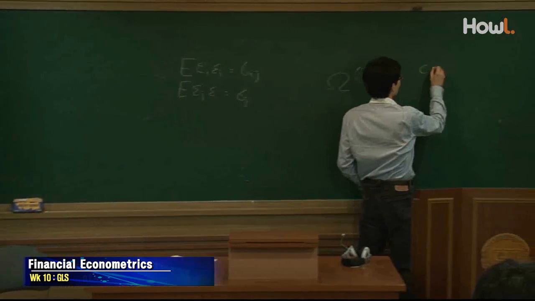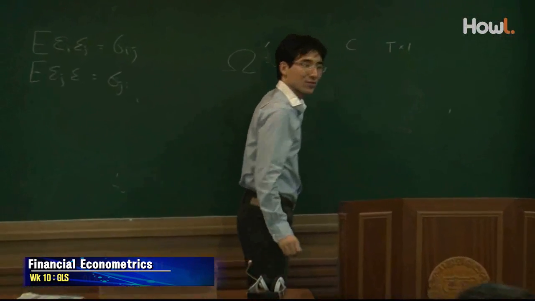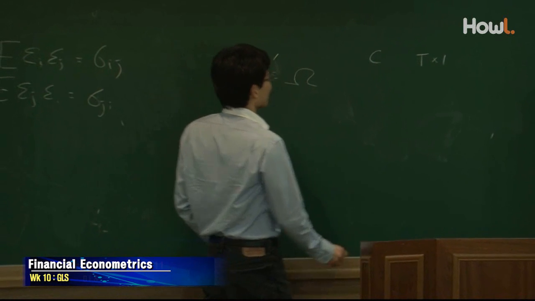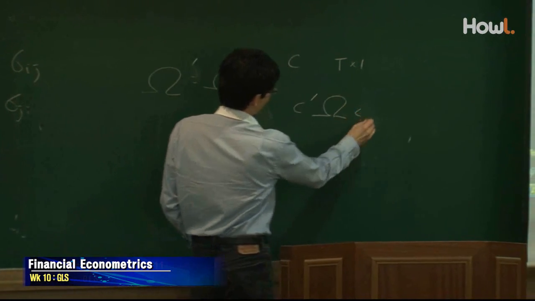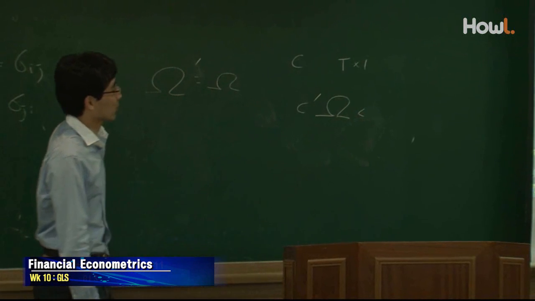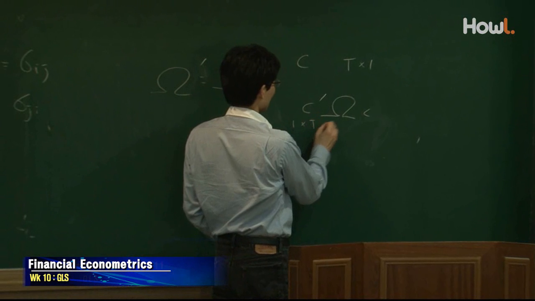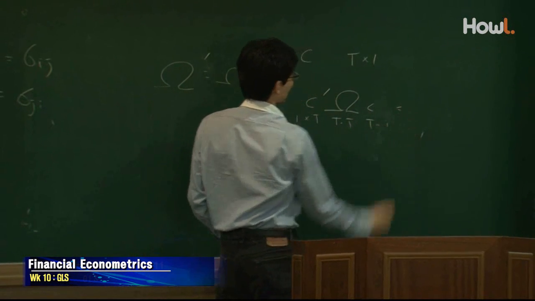So suppose C is a T by 1 factor. If we do this operation, then we will have C' Omega C, which is T by 1, T by T, T by 1, so it will be a constant.